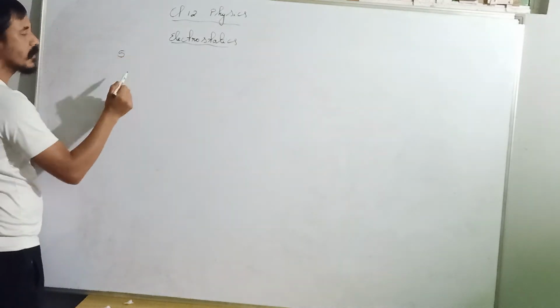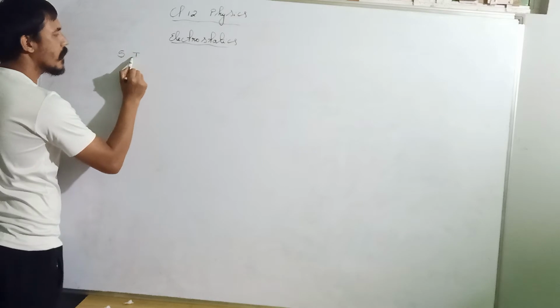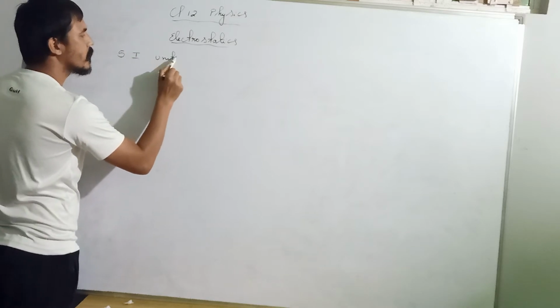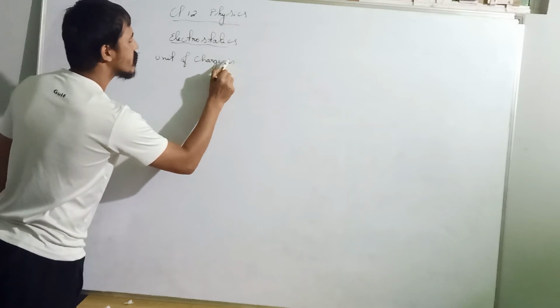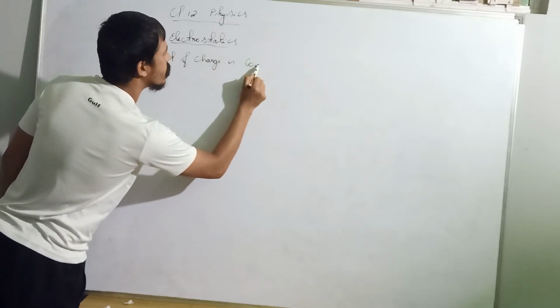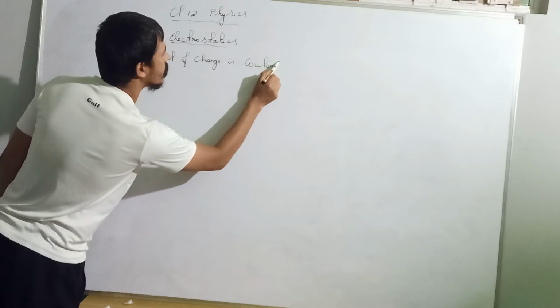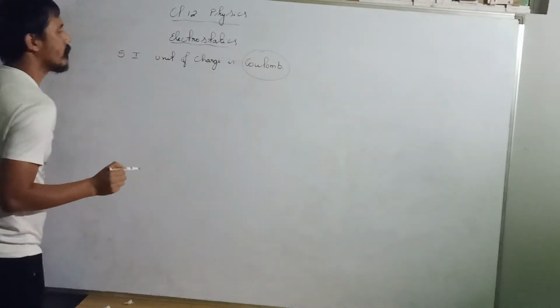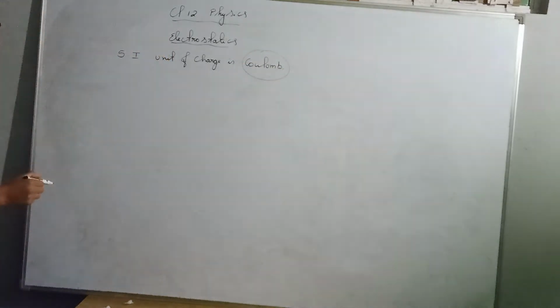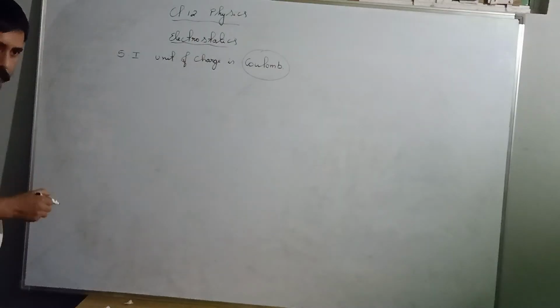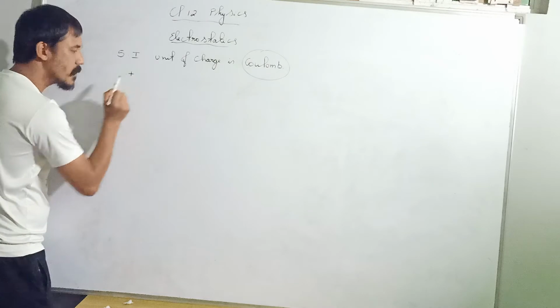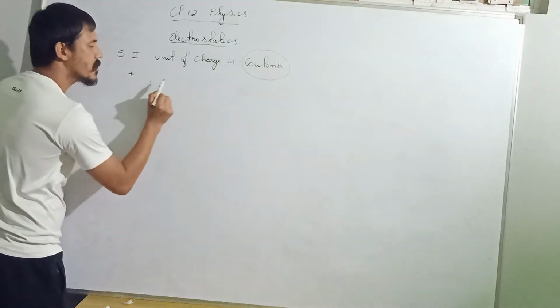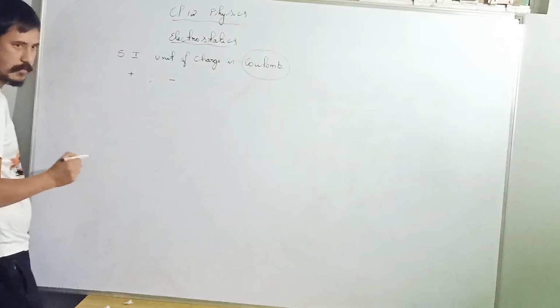So the Greeks say that the SI unit of charge is coulomb. So this is the unit for determining the charge of an object. They also say that charge can be positive or charge can be negative.